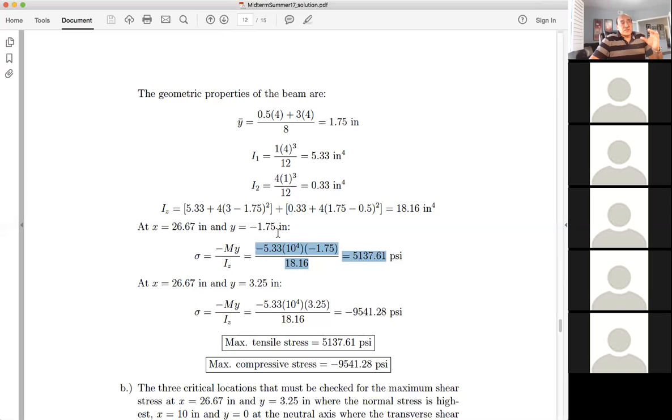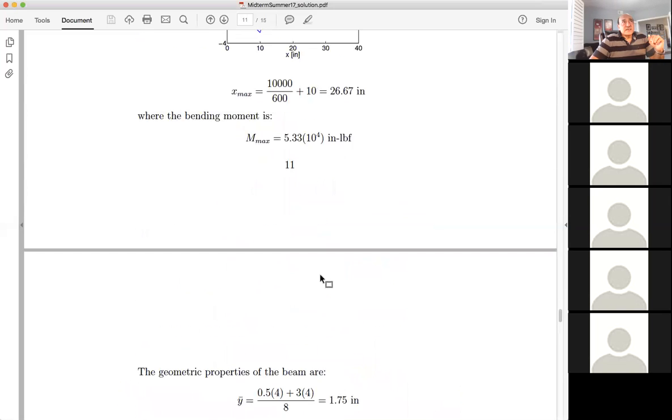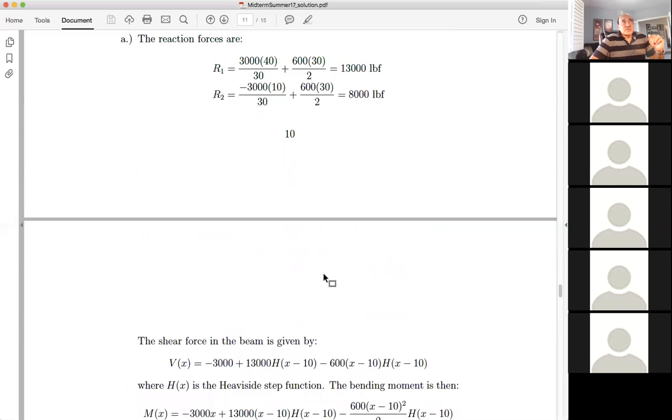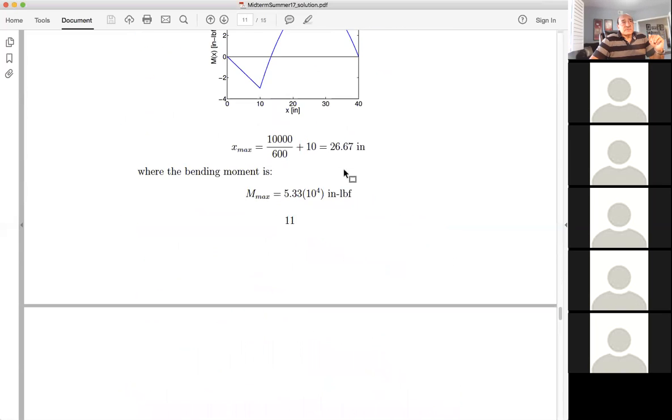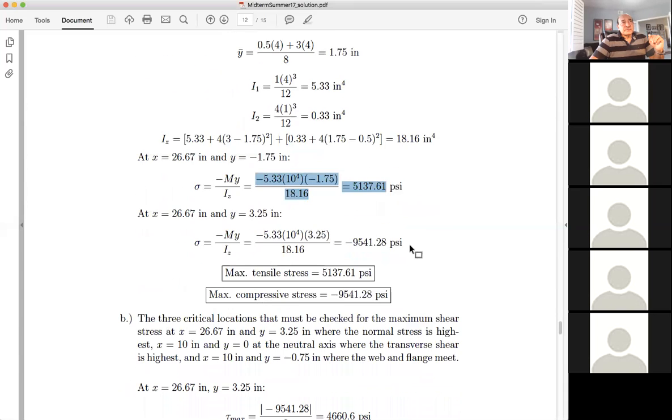Sorry, the 1.75 is closer to the bottom. So if you look at it, the centroid is going to be right here. If you calculate the stress at the bottom, it's going to be small. At the top it's going to be high. And these are the two numbers that we have here, compressive stress.